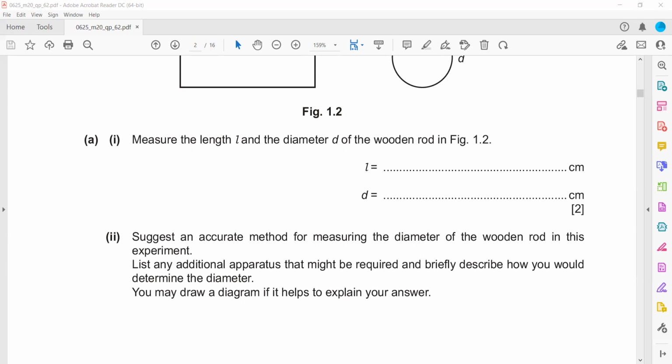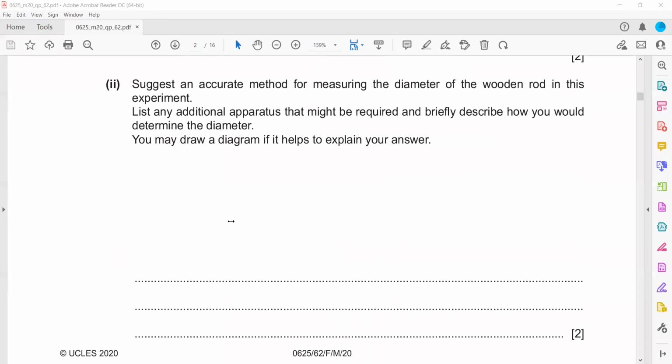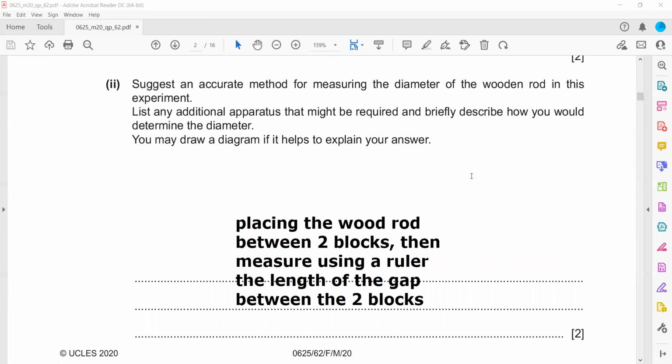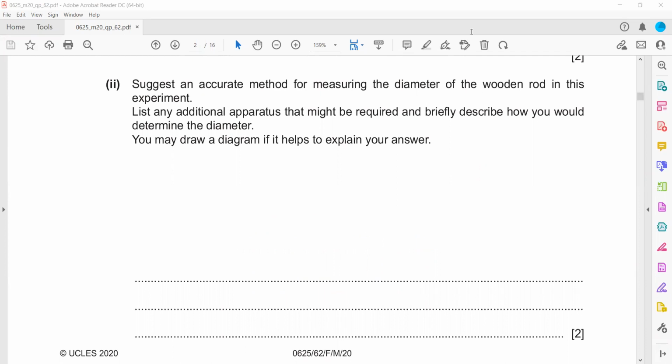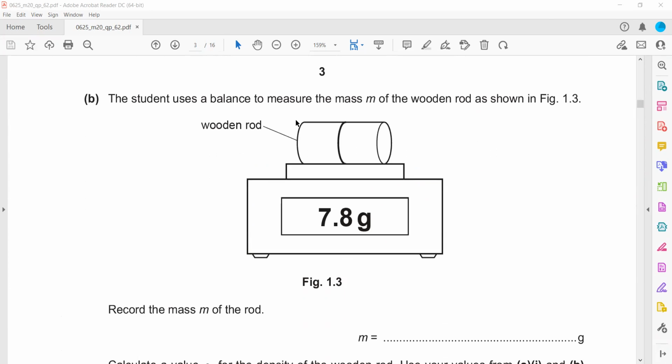Another way is to place the wooden rod between two blocks, then measure. That's also a right way. So two wooden blocks can be used, or the micrometer method can also be used. Place the wooden rod between the 2 blocks and measure the length using a ruler, and avoid parallax error, or you can also mention the micrometer.